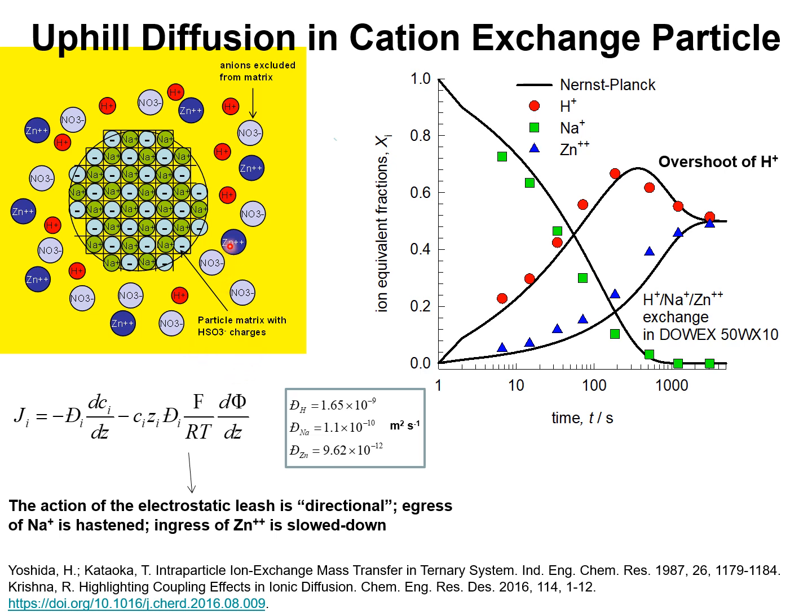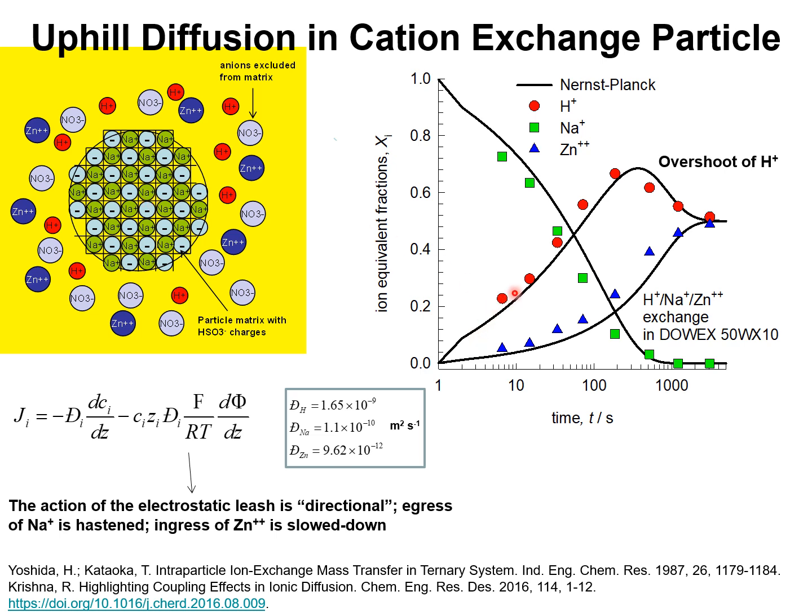In one set of experiments, the ion exchange particle is loaded with sodium ions, and the bulk solution surrounding the particle contains a mixture of nitric acid and zinc nitrate. The transient uptake of hydrogen and zinc into the particle and egress of sodium cations from the particle are monitored in the experiments.